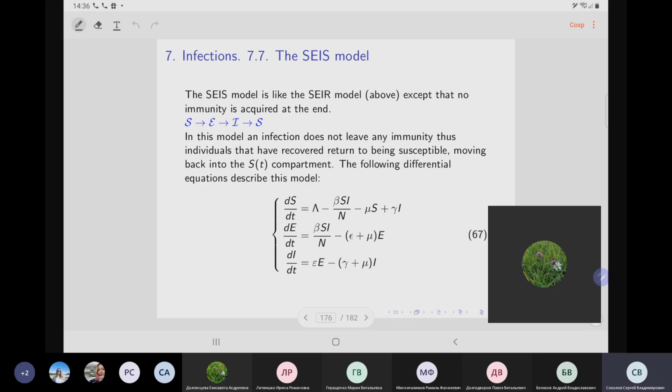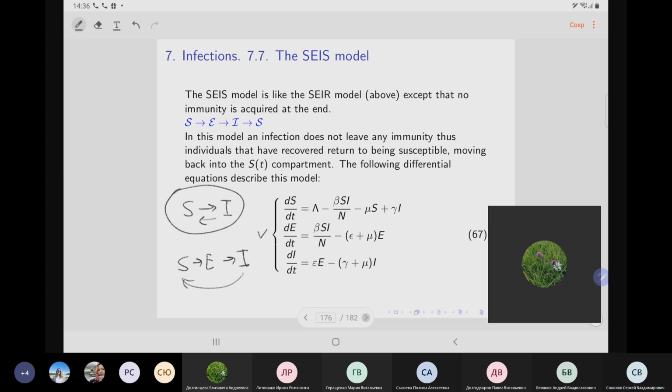What more? There can be another model, SEIS. So our previous SIS model, but with the exposed class. The idea is the same, but in the SIS model there was this way of transition, and now in SEIS, this way.